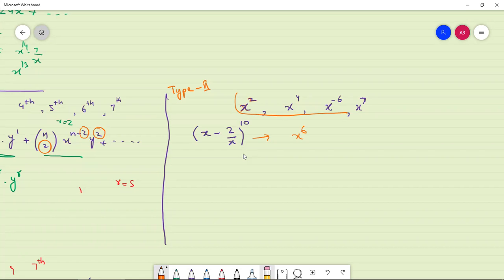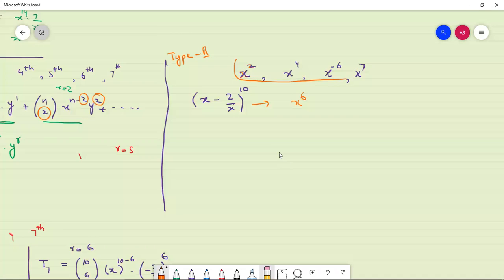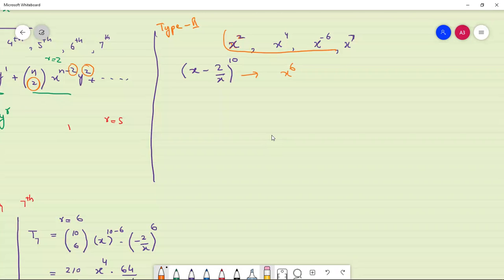We do not know where x power 6 exactly occurs, so we just use the general term formula. Remember, what is the difference between type 1 and type 2? In type 2 we don't know the value of r, so no need to put r; just put in the values we know into that expression.